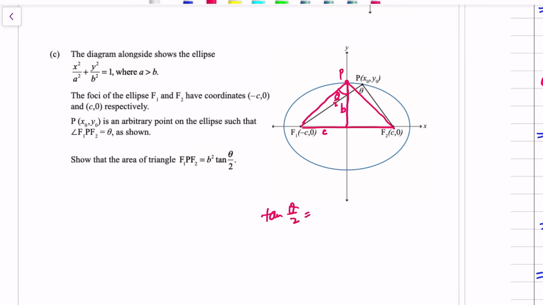Tan of theta over 2 is equal to C over B. The area of the triangle is a half times 2C times B, half base times height, which is equal to C times B. But C is equal to B times tan theta over 2. So we've got B times tan theta over 2 times another B, B squared tan theta over 2. So it works for a trivial position, but we've got to prove that it works for all positions of P.